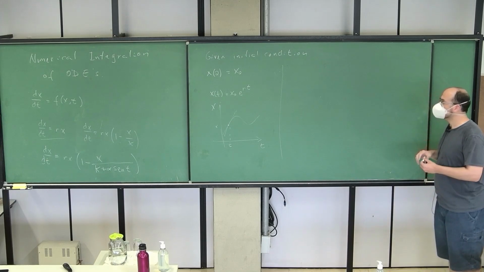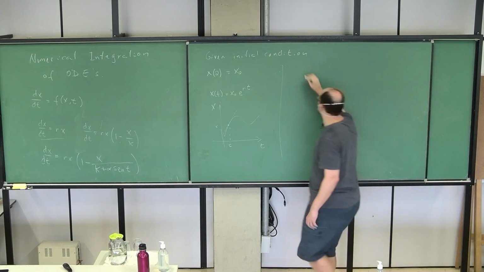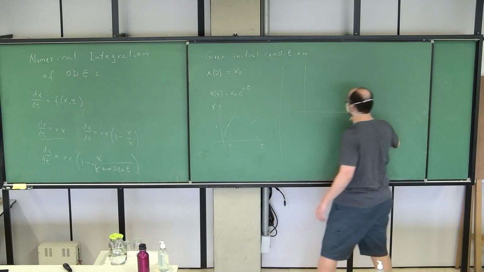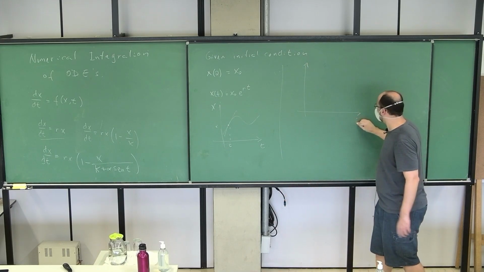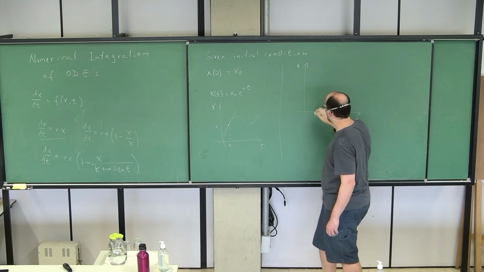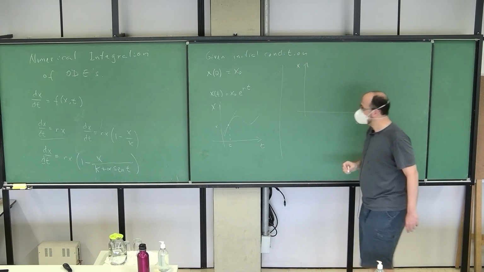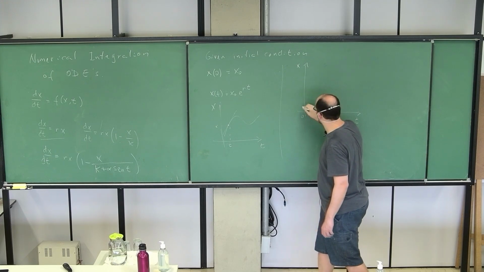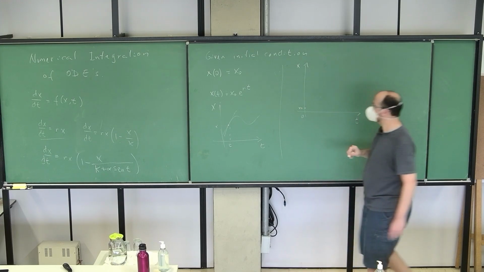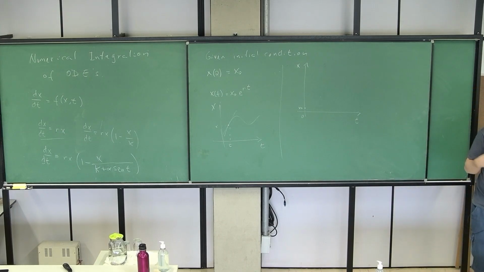So how do you use this? What do we do to numerically integrate something? We go over here, we have t here, we have x here, and I start at 0 again. So at t equals 0 I will have a value of x at 0, okay? And what do I have to do to numerically integrate this?